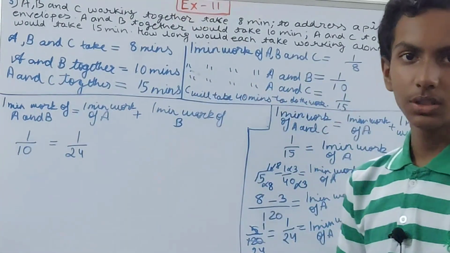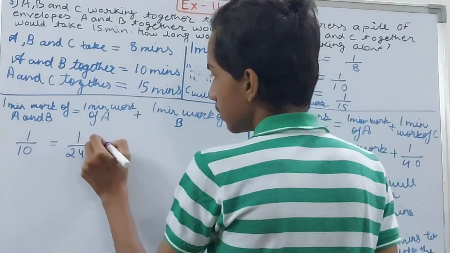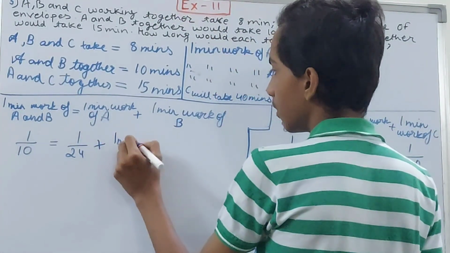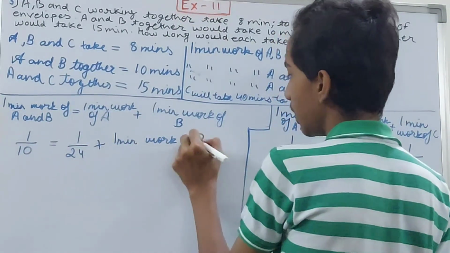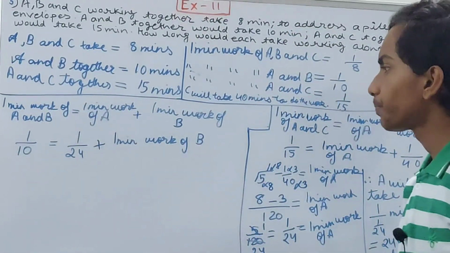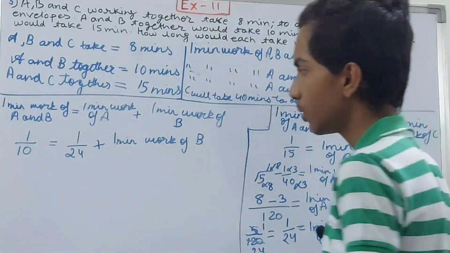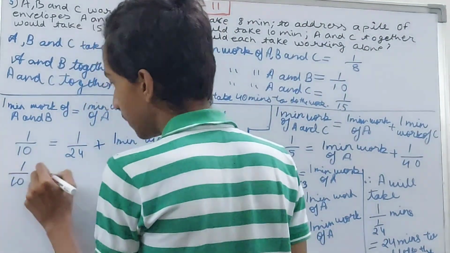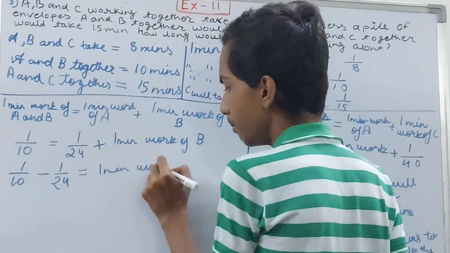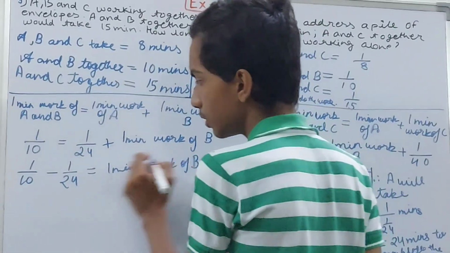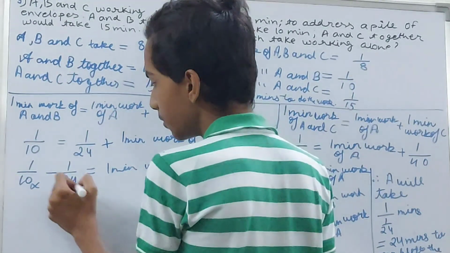Now 1 by 24 is the 1 minute work of your A plus 1 minute work of your this B. We don't know it, right? Now 1 by 24, 1 by 10. I'll take 1 by 24 to the other side. So I will have 1 by 10 minus 1 by 24 is equal to 1 minute work of B. This is your 24 5s is 120, 10 12s is 120.